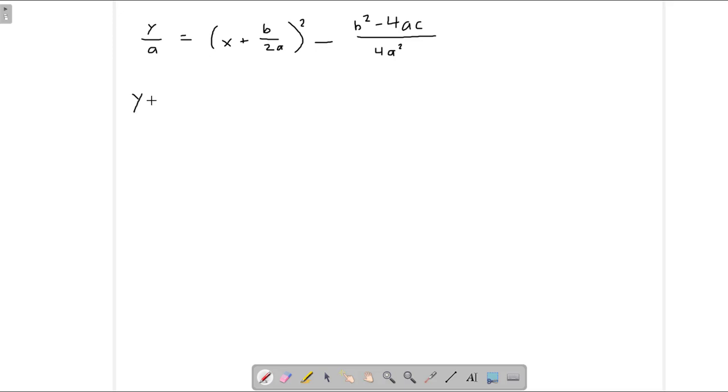So that way I'll get my y by itself. I'll get an a on the outside here. And then this a will cancel out with one of the a's in my denominator here. So I'll just end up with (b squared minus 4ac) over 4a.